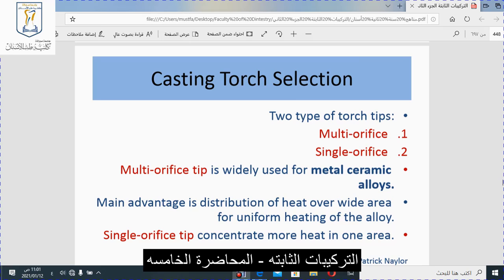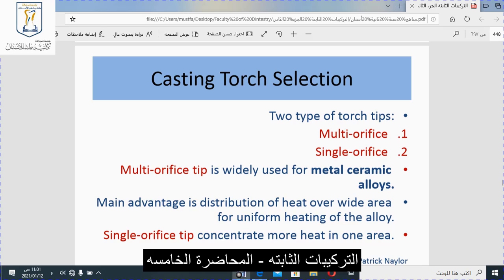And during the solid state, all the area of the alloy must be covered with the heat. So we need the multi-orifice torch during casting. For a single orifice torch, you need it mainly for soldering.